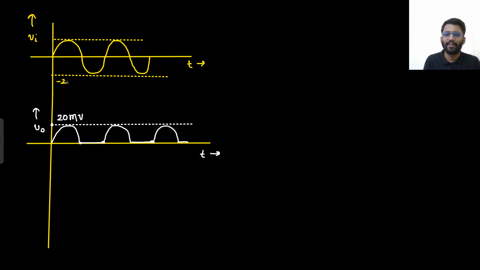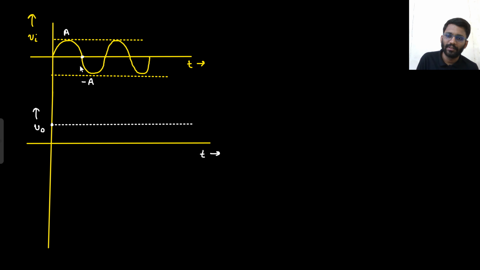It can be any amplitude. Let's just write it as A and minus A. A can be 1 nanovolt, 1 microvolt, or 1 millivolt as well. It can be anything. So how will the output waveform look like?